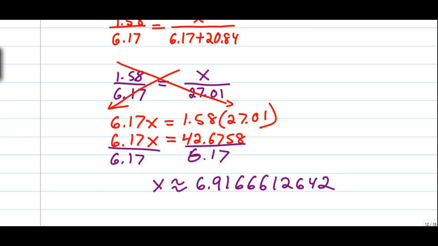It kind of just continues to carry out. If we go back to the original problem, we see that it says to round to the nearest hundredths place. So in this case, that's going to be where this 1 is, right here. We look at its neighbor to decide if it's going to stay the same or if it's going to round up. We see a 6. Anything a 5 or above would result in the number rounding up to the next value. So our answer is approximately equal to 6.92.